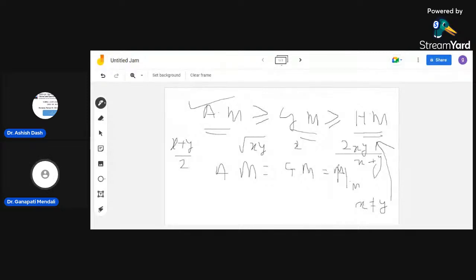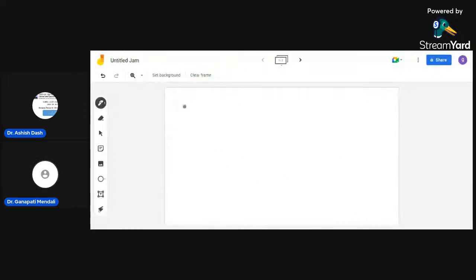Arithmetic mean, geometric mean, and harmonic mean are all mathematical averages. Coming to the positional average, there are median and mode. Under the median we again have quartiles, deciles, percentiles.